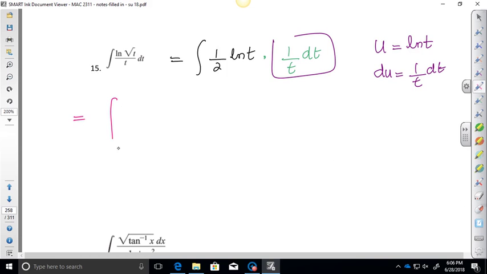Now I write this as 1/2 u du. Yes, I can do u; ln of u I can't, since ln of u takes another method of integration. See, 1 over t dt is du.